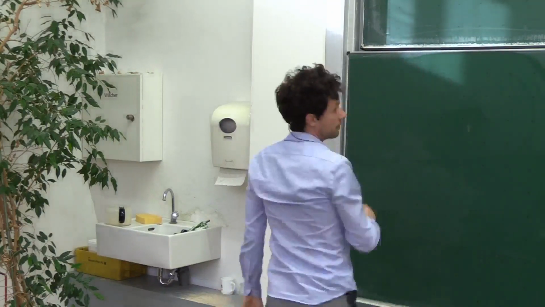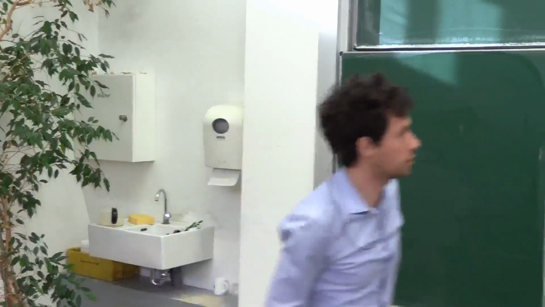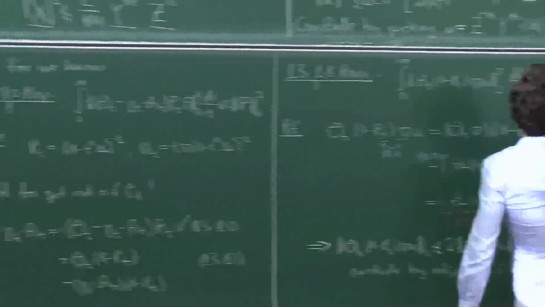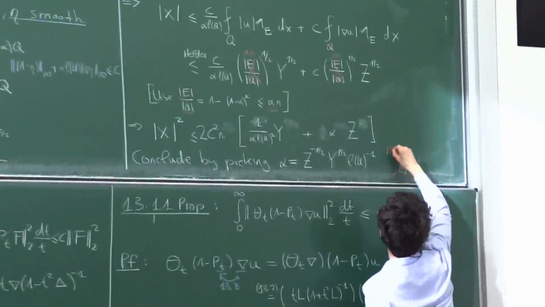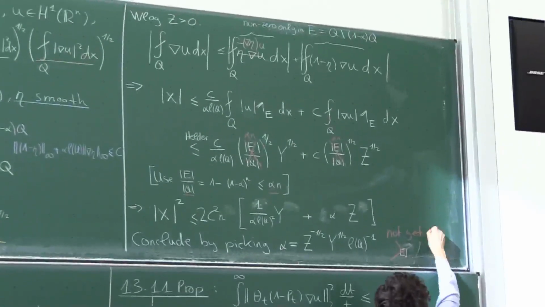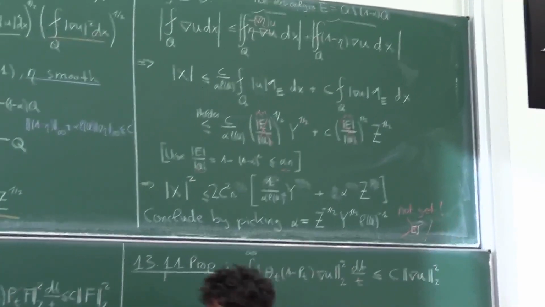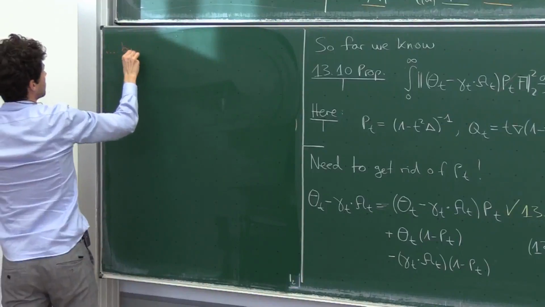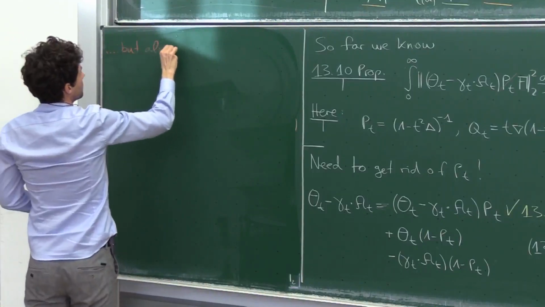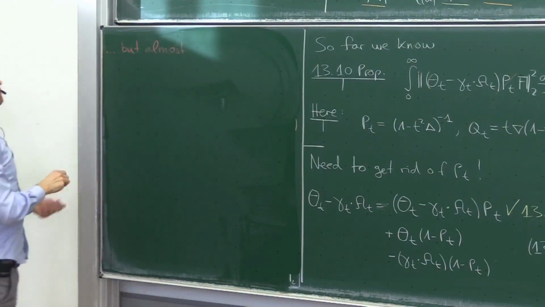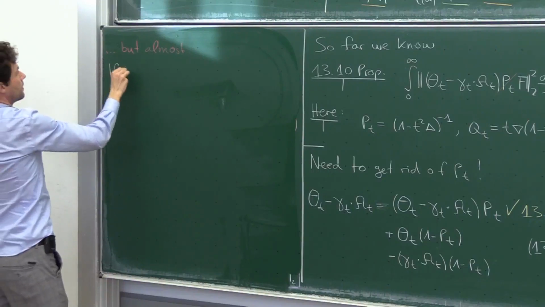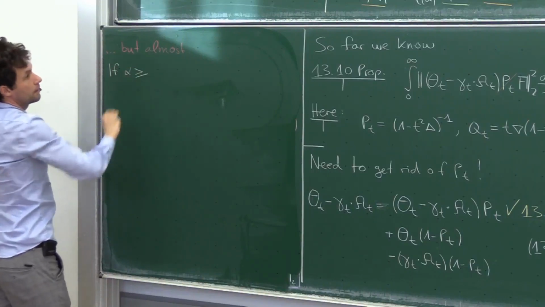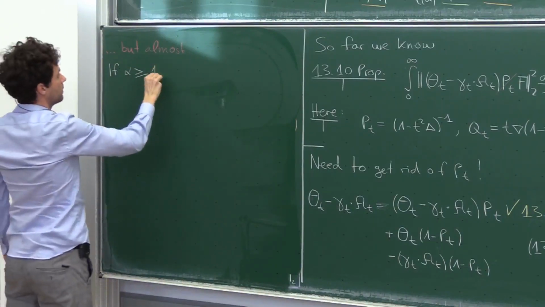Okay, so let's take red chalk. Because suppose that alpha would be larger or equal to 1.